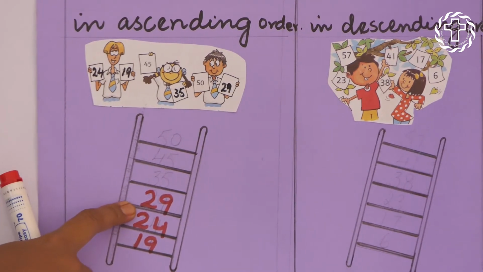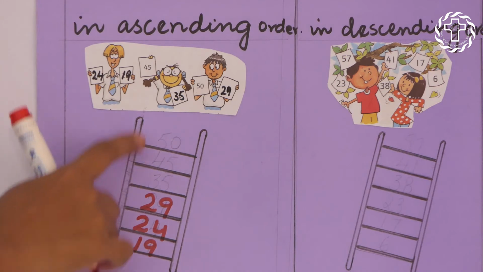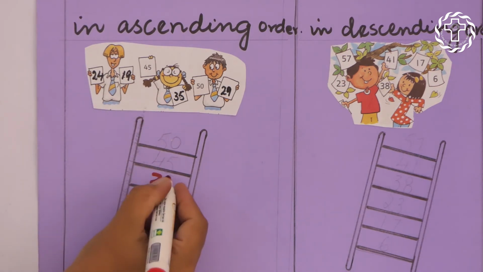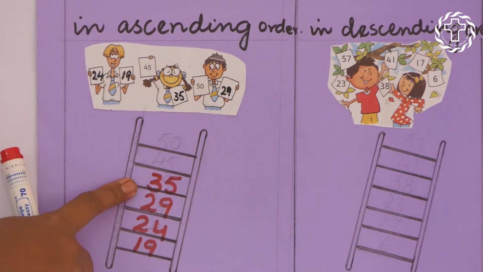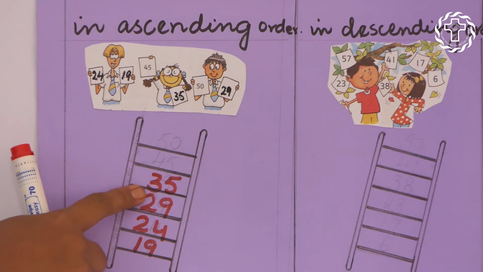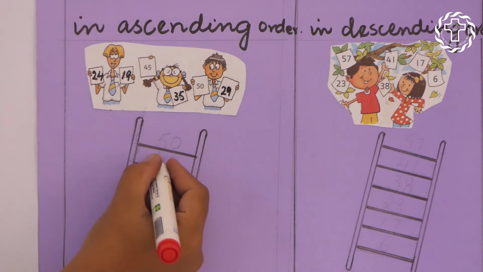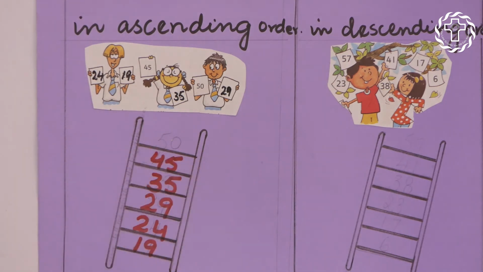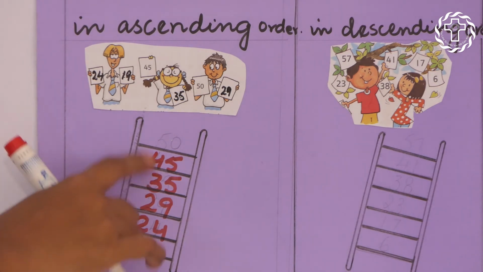Which is the bigger number from 29? 35. Which is the bigger number from 35? 45. Which is the bigger number from 45?